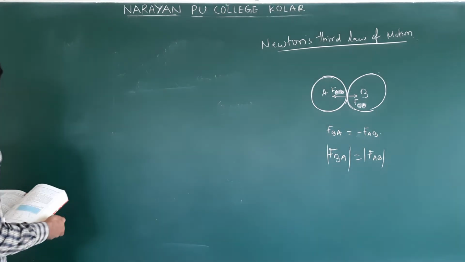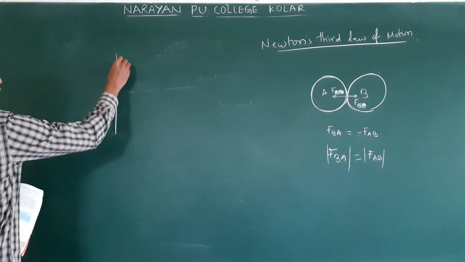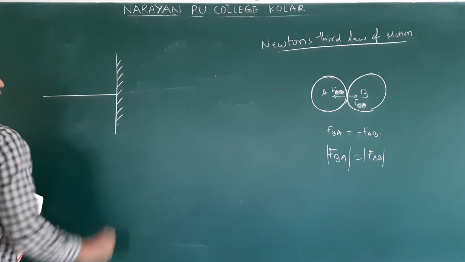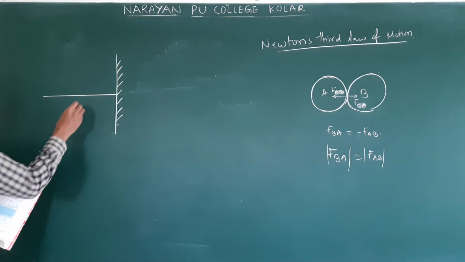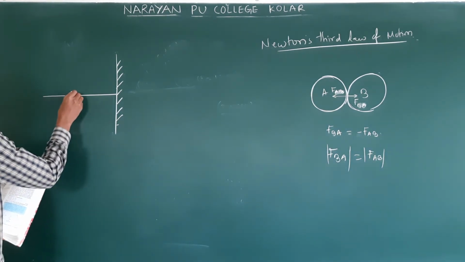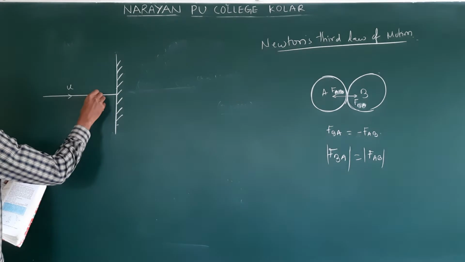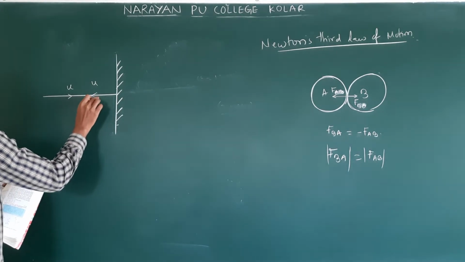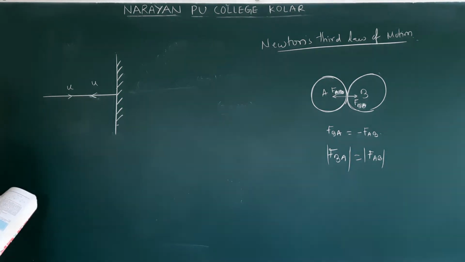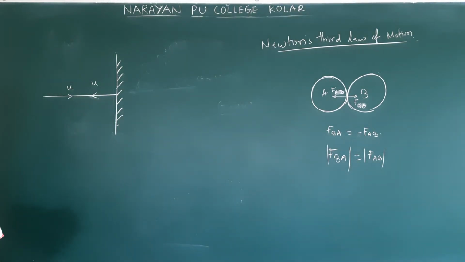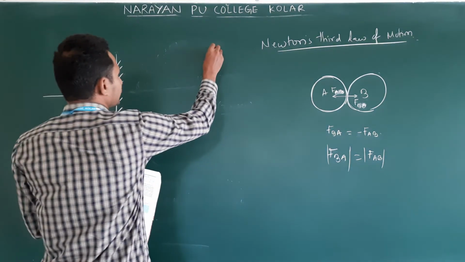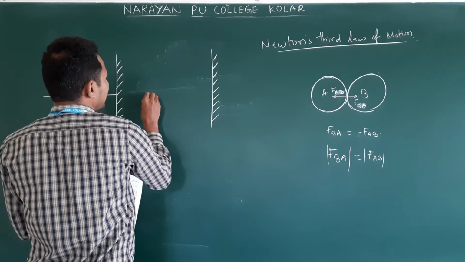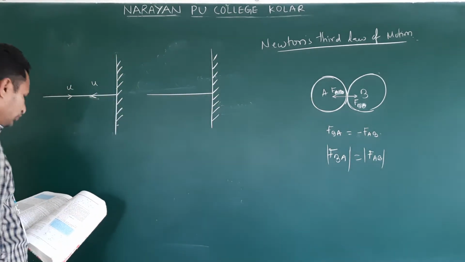Two figures they have given. First figure, the ball striking the wall along the straight direction. This is the initial velocity u, and the final velocity is also u, because the velocity remains the same. They changed only the direction. Next, the second one, which is very important. First case we have already done; that's not a big issue.